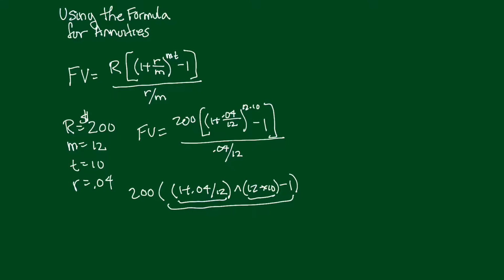That one closes, the last one closes the top, divided by, now I've got a division here, so I need parentheses here, 0.04 divided by 12. So my calculator shows me that the future value of this investment is $89,149 and 96 cents.